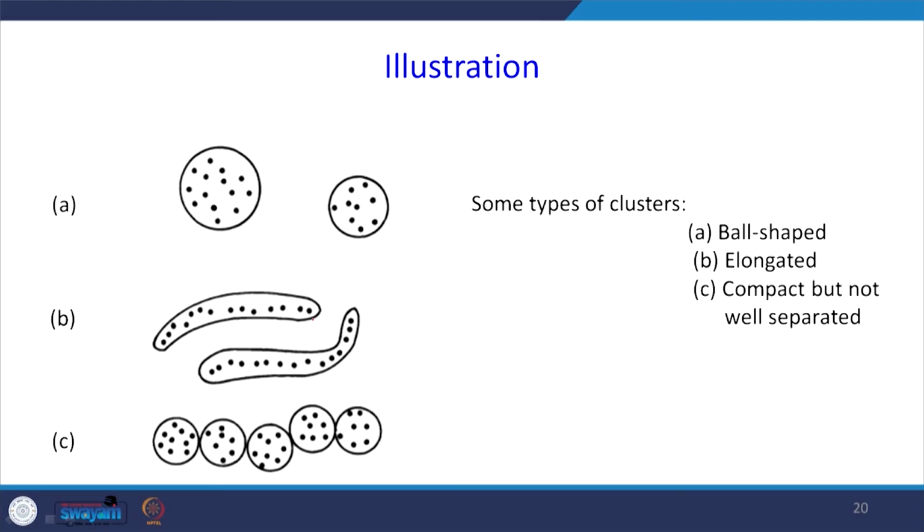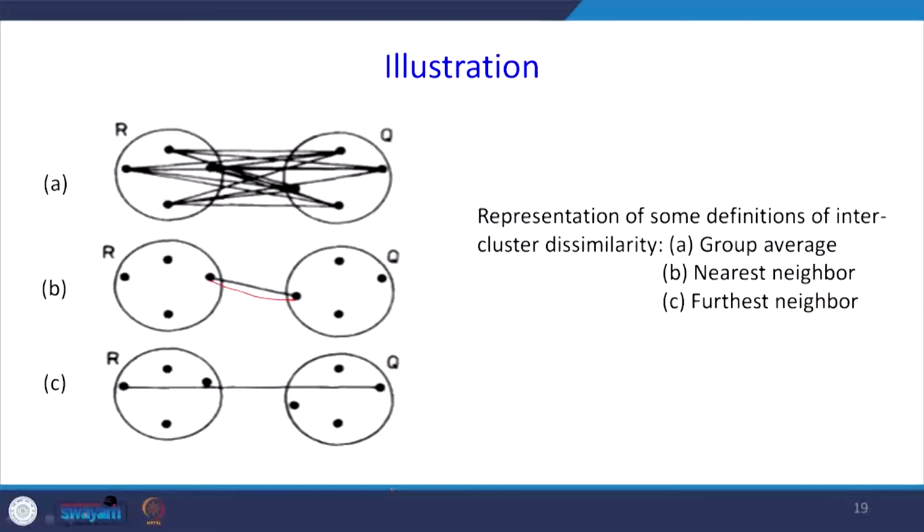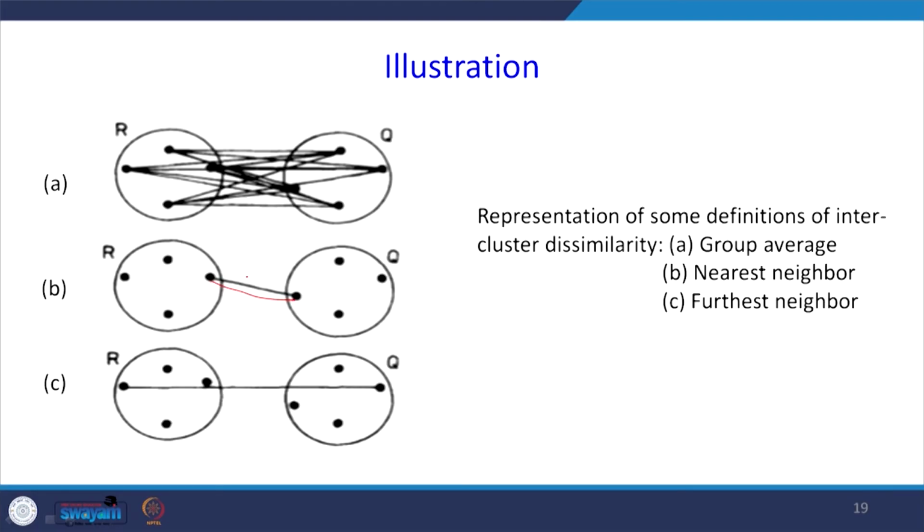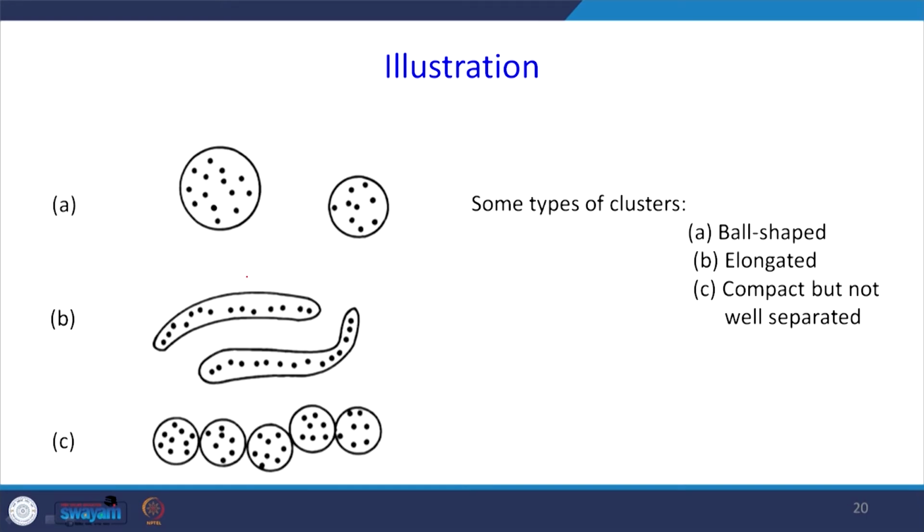At any time it can go to that other cluster. If you follow the farthest neighbor distance measure, your final cluster may be in this format, compact but not well separated. That is why choosing the correct distance is important. Based on your distance measure, the shape of the final cluster also will vary.